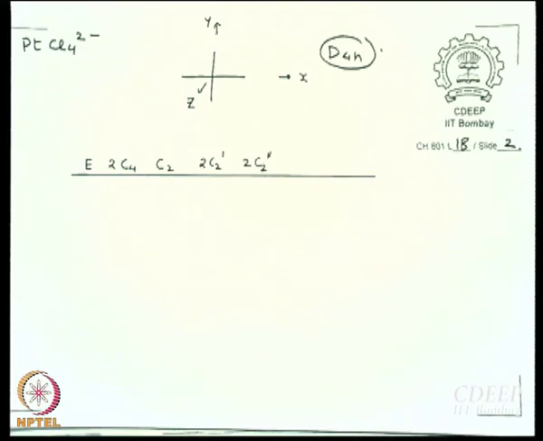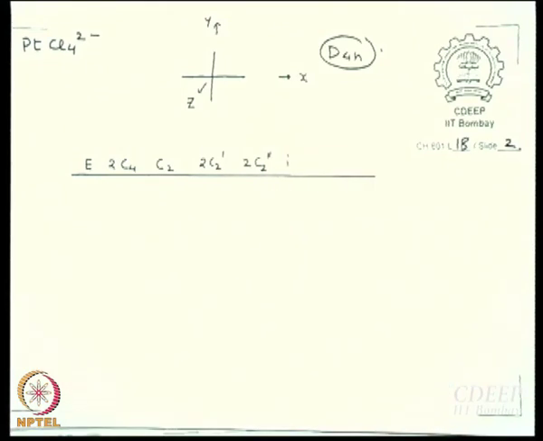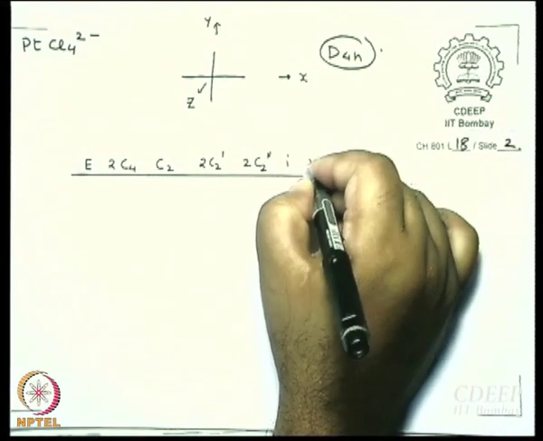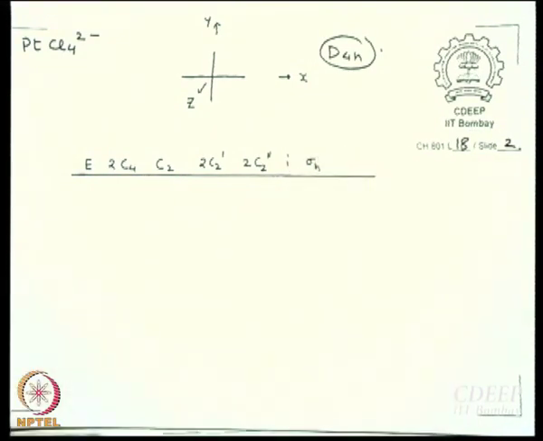What else is there? Before going to sigma, is there a point of inversion? Yes. And then I think everybody can see the horizontal plane, right? The XY plane is the horizontal plane. It is sigma h. And what else is there?